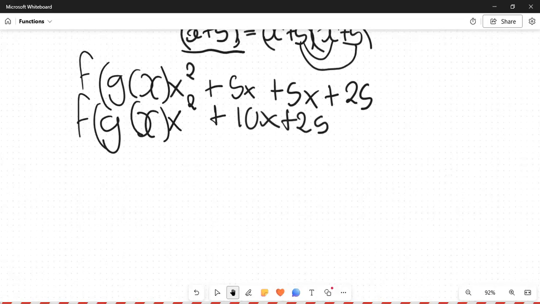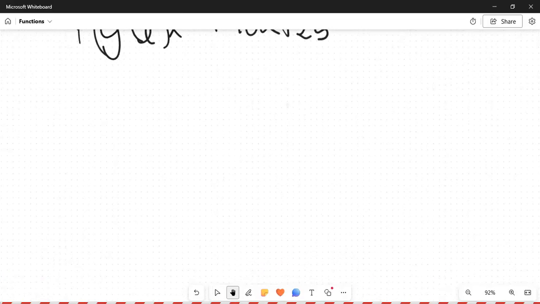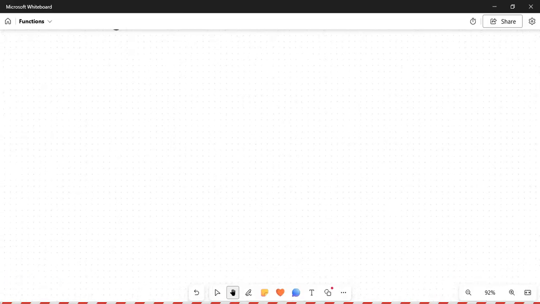Now I'm going to move on to another way to solve functions, which will be the last part of the lesson, which is called an inverse function.